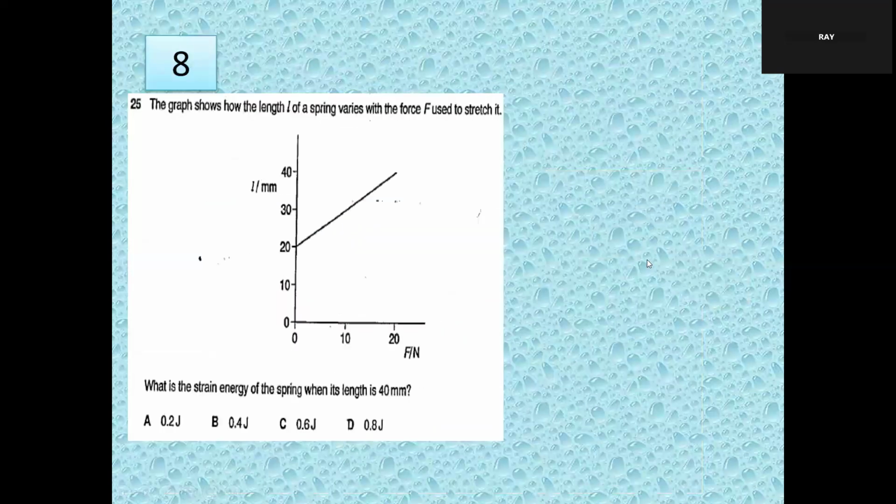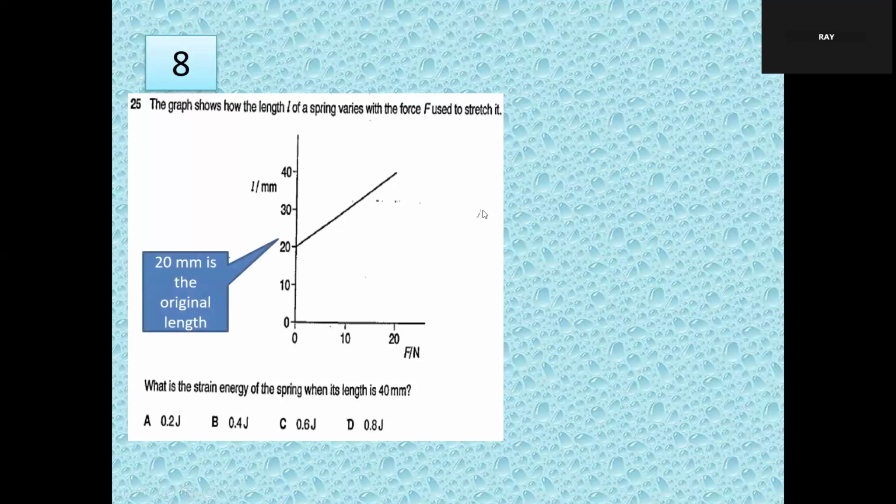Number 8. As usual, we draw the graph. 20 mm is the origin, 20 millimeter is the original length.